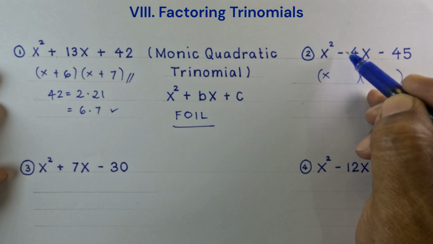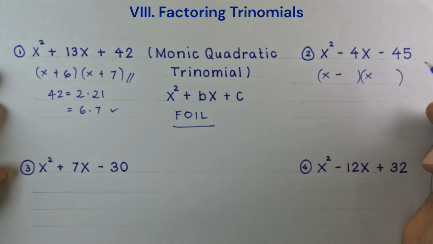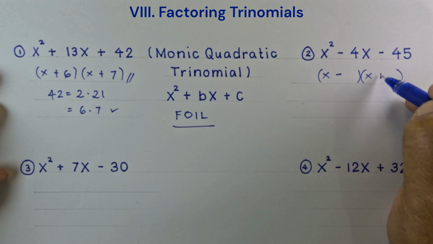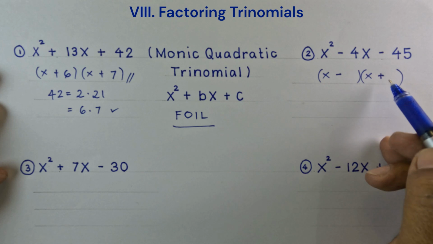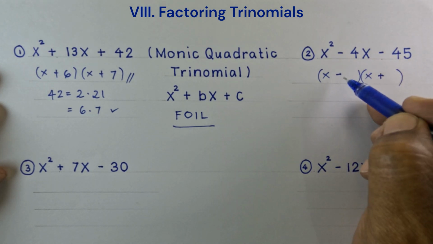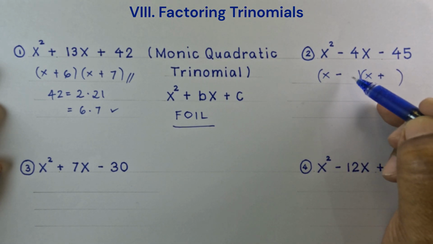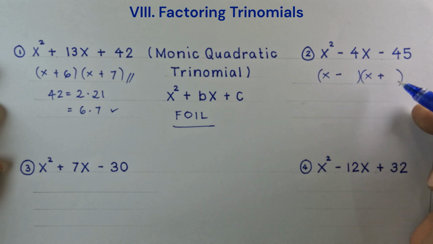Since the sign of the middle term is negative, I write here negative and the other positive. Although they are interchangeable, I purposely wrote the negative sign here because I want to place the larger factor here and the smaller factor there.